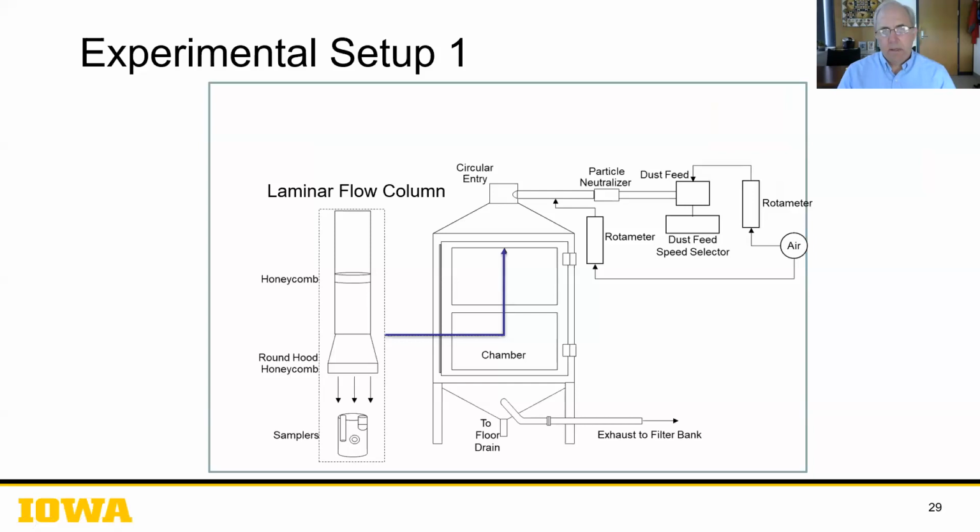The chamber is basically just used as a containment vessel, within which we put 8-inch column ductwork with a honeycomb to straighten the flow straight down onto the samplers themselves, while we put in this graded inorganic dust with a known median diameter, which is a classic way of getting at these sampling curves.